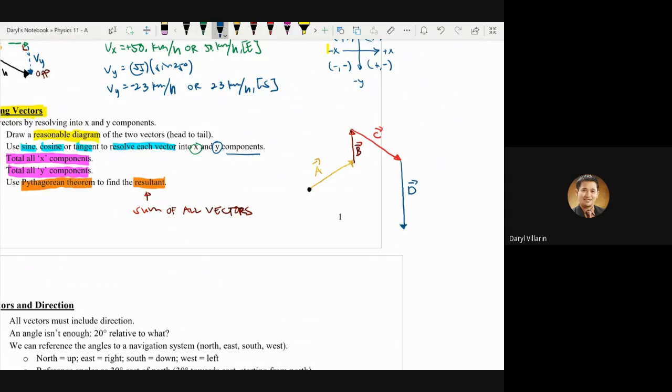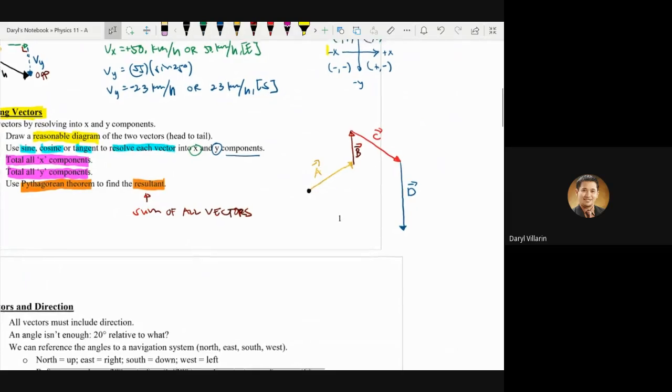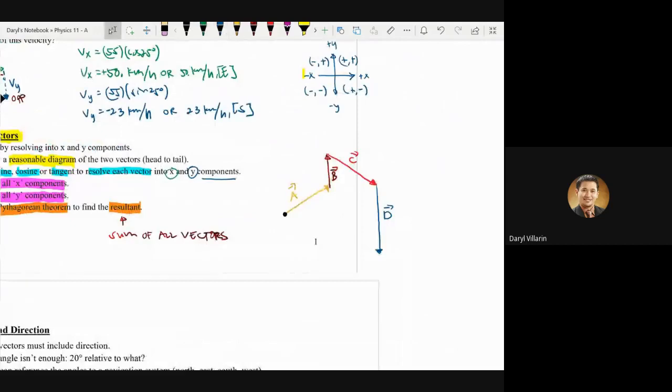If you can see, I just placed the second vector to be added at the tip of my first vector, and so on and so forth. Now, this is the important thing for drawing the resultant vector. The resultant vector is drawn from the tail of the first vector that you add, towards the tip of the last vector added.